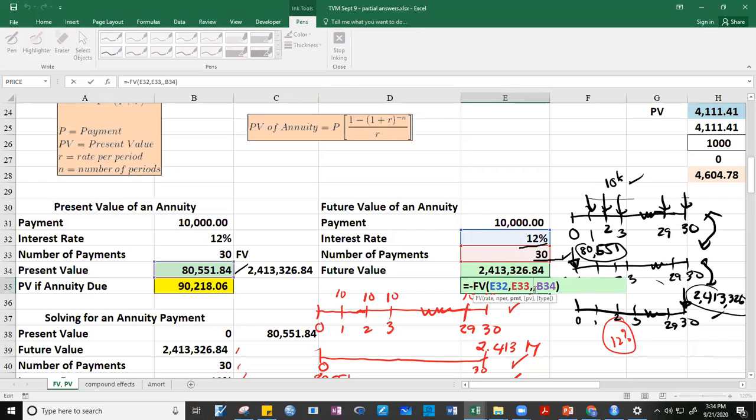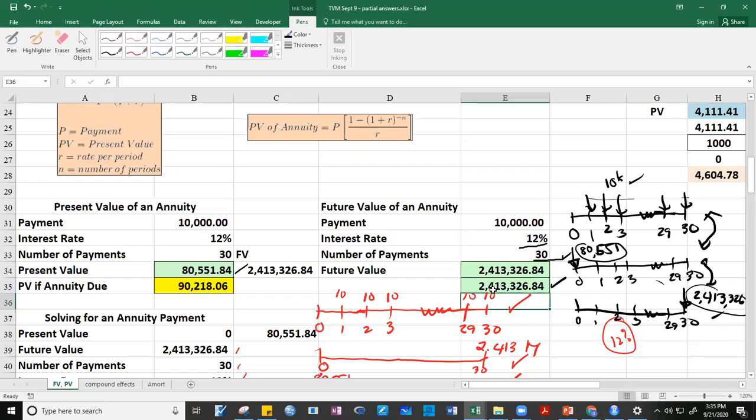So wala tayong linagyan na PMT kasi ang kino-consider lang natin yung present value. Ano yung present value? B34, that's 80,551. So ginamit natin yung present value na 80,551 to convert it into its future value. And what's the equivalent? Yung 80,551 ngayon, it's equivalent to 2.41 million.